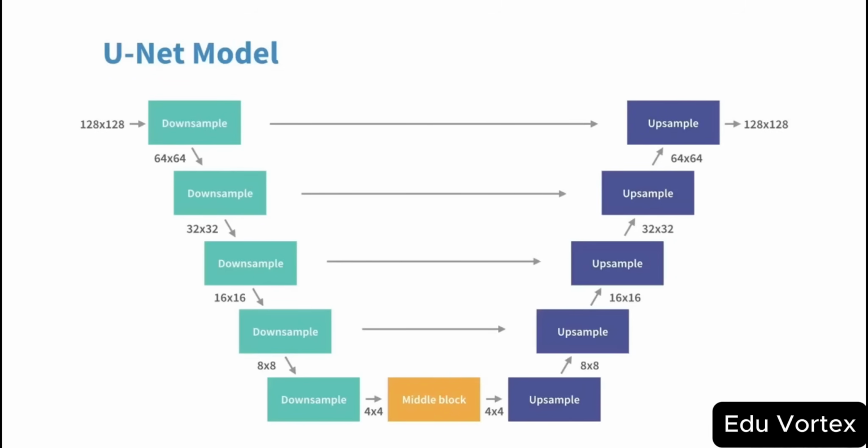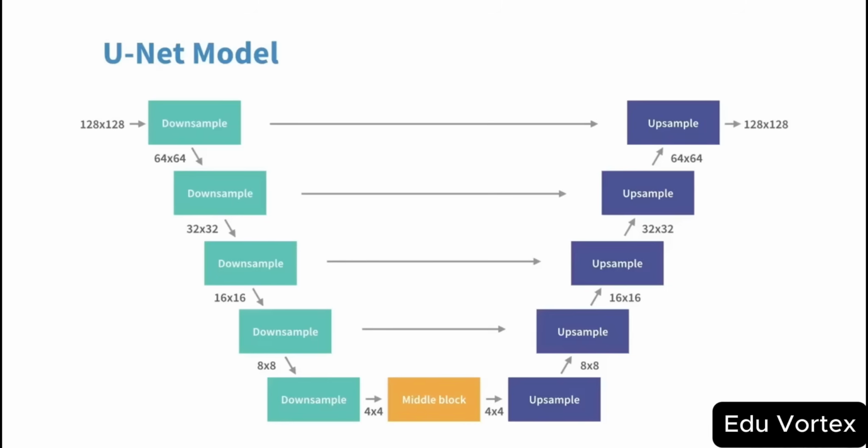It's about these skip connections that connect the downsampling and the upsampling blocks. Basically, these skip connections act as a direct pathway for information to flow from the downsampling blocks to the upsampling blocks. This allows the model to make super precise predictions at the pixel level while also understanding the overall context of the image. It's like having the best of both worlds.